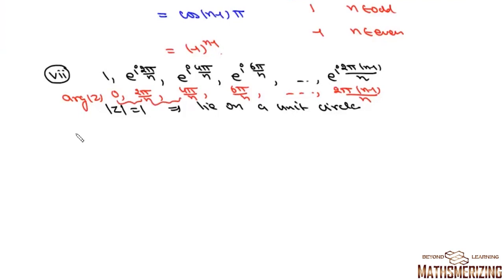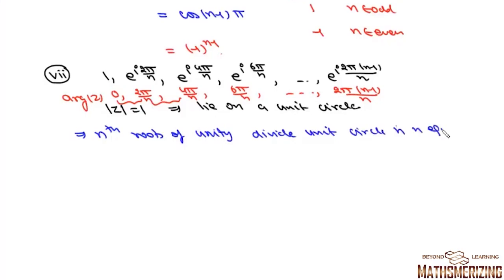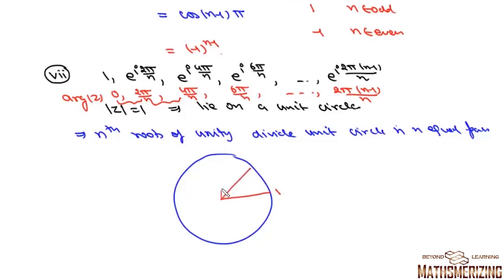From here we can say nth roots of unity divide the unit circle in n equal parts. So we have this unit circle and then this is 1 and all the other roots will divide this circle in n equal parts.